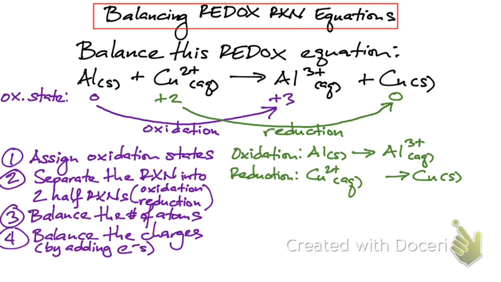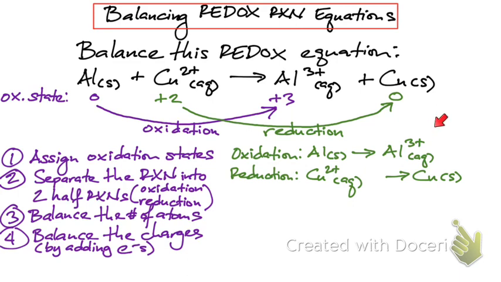Fourth step here is to balance the charges. And whenever you're balancing the charges, you add electrons to the side that needs balancing. So for example, looking at the oxidation reaction here, you can see that we have a 0 charge on the solid aluminum, and +3 charge on the aluminum ion.